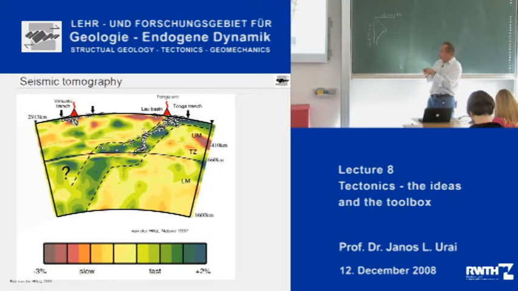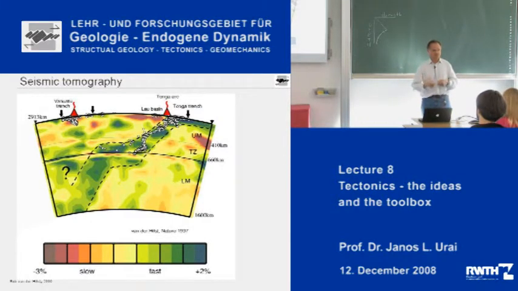But he has shown that this plate goes down, and then it is resting a little bit on this 660 kilometer discontinuity in the mantle, and then it goes down and sinks until it is so warm that it cannot be seen anymore. A subducted plate is cold. It's colder than the surrounding, and that's why it has a higher seismic velocity.